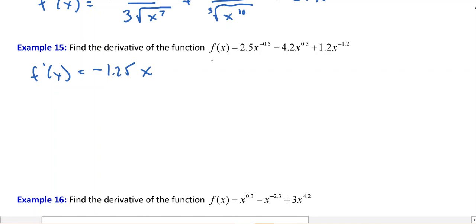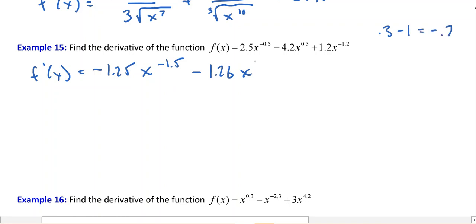Then negative 4.2 times 0.3. On my calculator, I'm just going to do 4.2 times 0.3. That becomes 1.26 x. And then 0.3 minus 1. Be careful, 0.3 minus 1 is a negative 0.7.